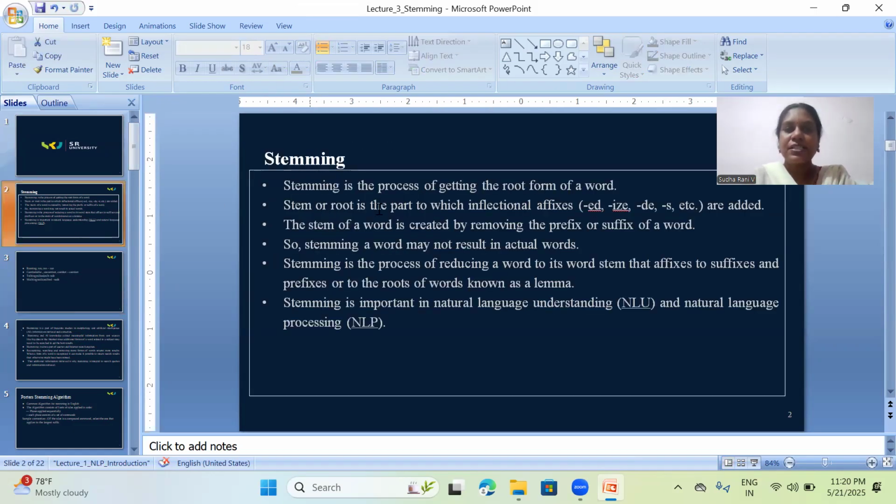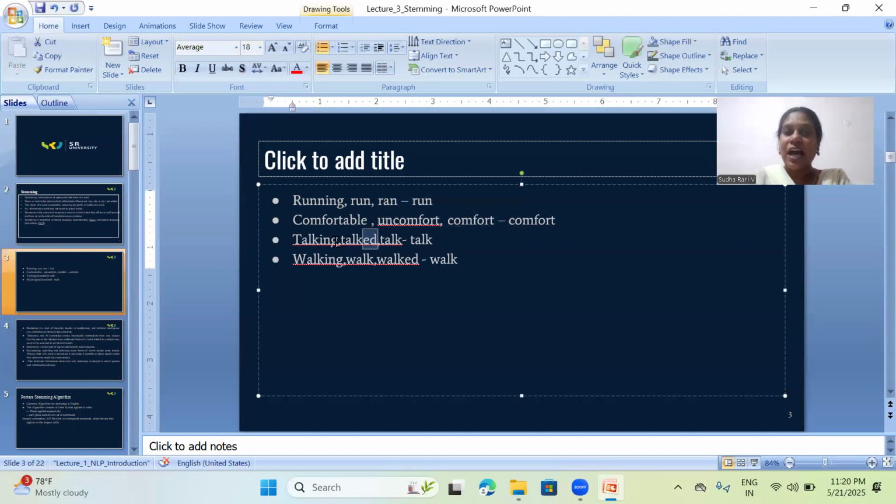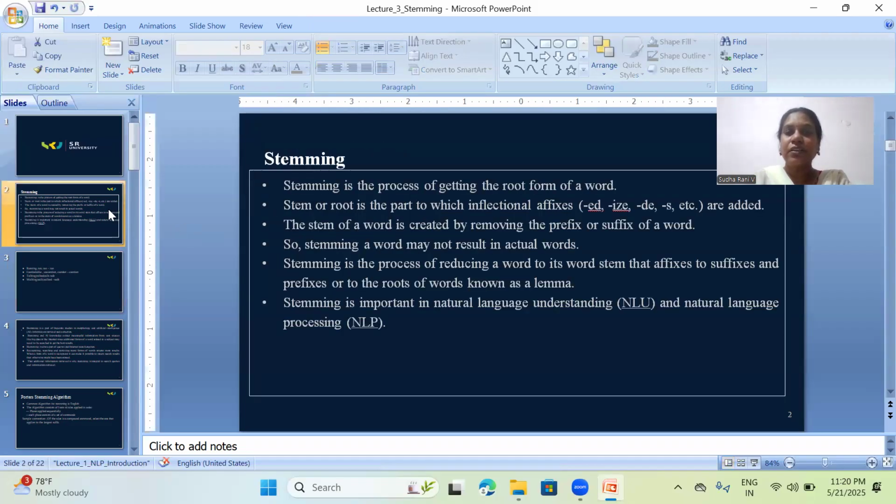What is stemming? Stemming is the process of getting the root form of a word. See here, running, where ing is added. Comfortable, where able is added. Talked, ed. Talking, ing. Walking, ing. Walked, ed. So here, a stem or root is the part to which inflectional affixes like ed, ing, s, etc. are added.